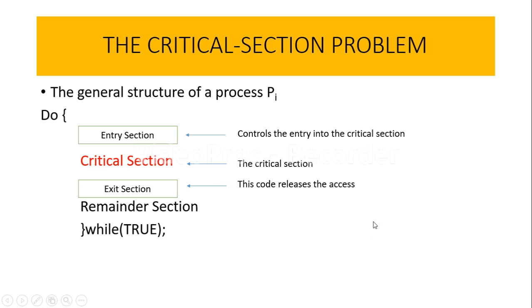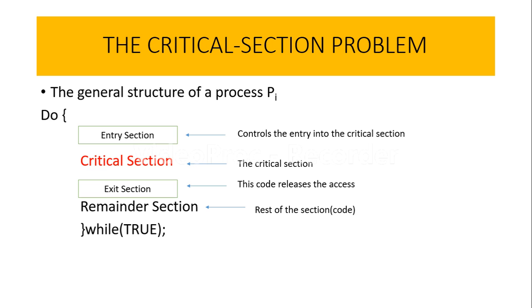The exit section releases the access, which means the process is coming out of the critical section, having finished performing its critical operations. And lastly, we have the reminder section, which holds the rest of the code, that is, the other part of the program. So this is the entire structure of the process.